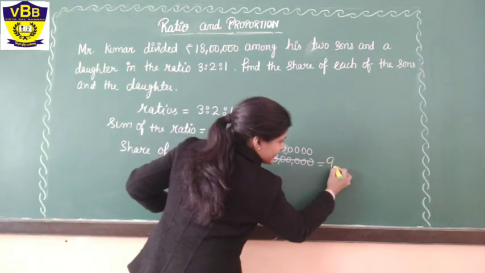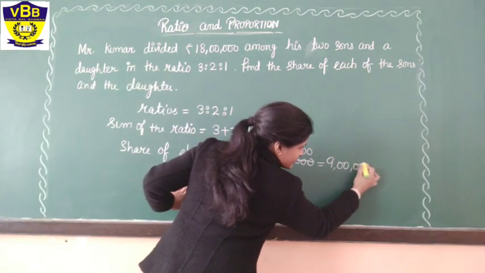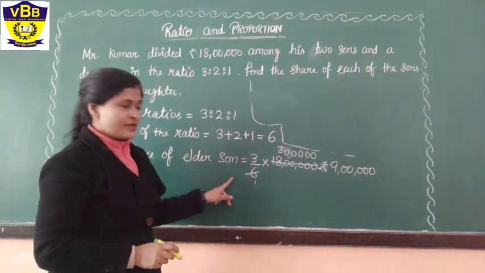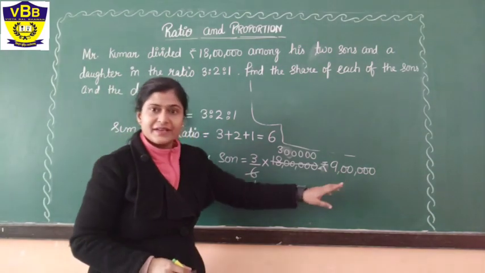So 9 lakh is the share of the elder son, that is equal to rupees 9 lakh.